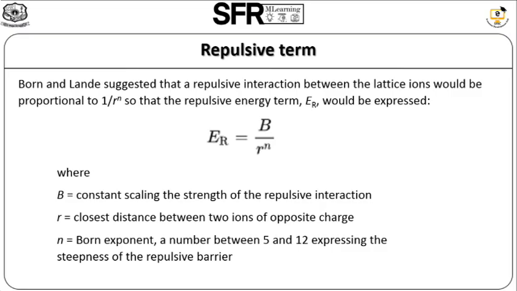B is the constant scaling the strength of the repulsive interaction. R is the closest distance between the two ions of opposite charges. N is the Born exponent, that is the Born exponent value is between 5 and 12. It depends on the cations and anions.